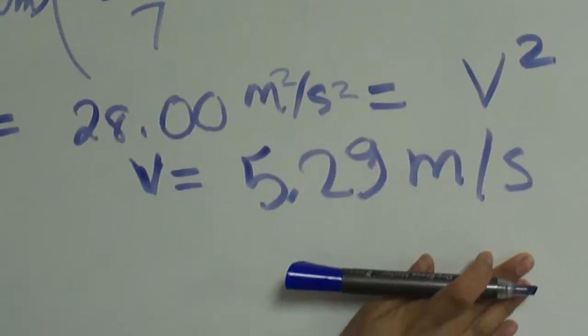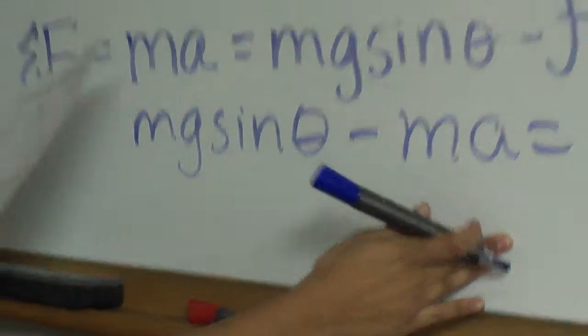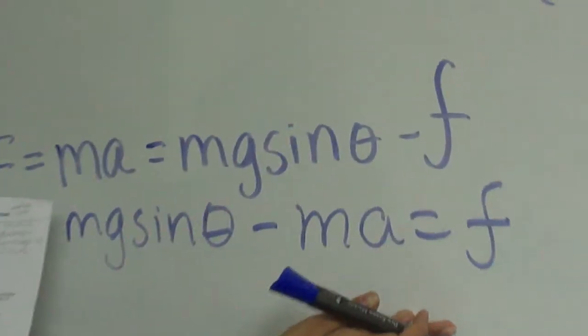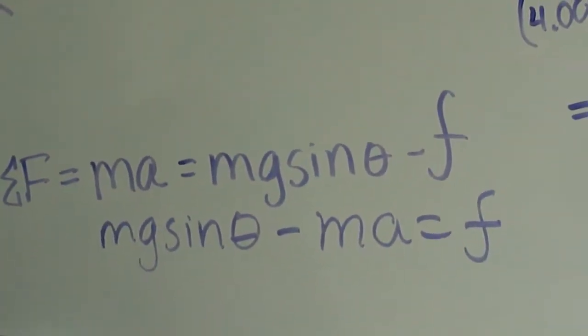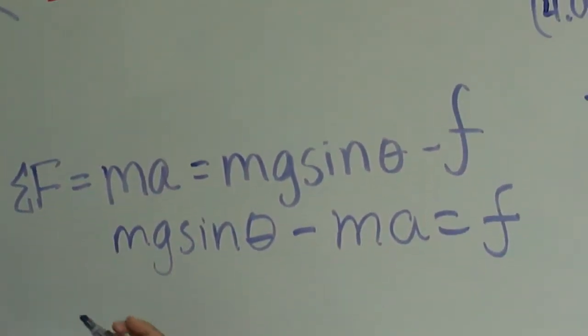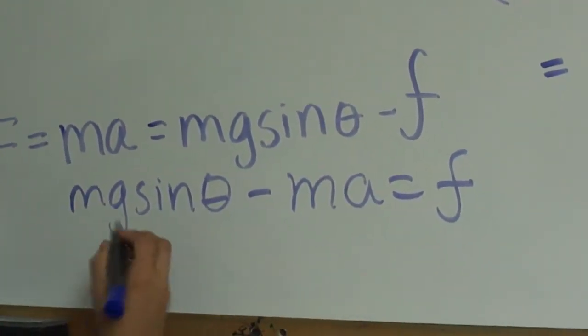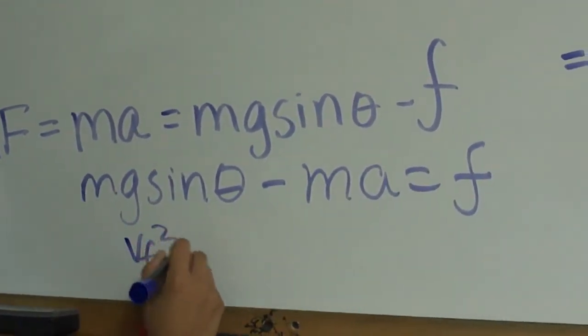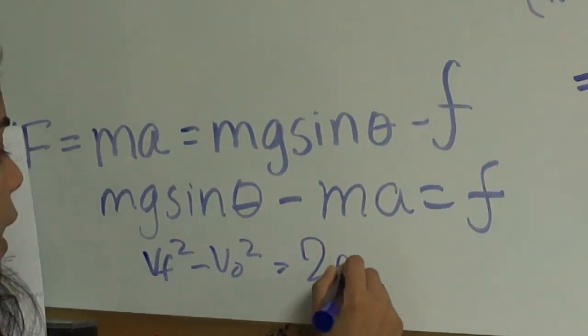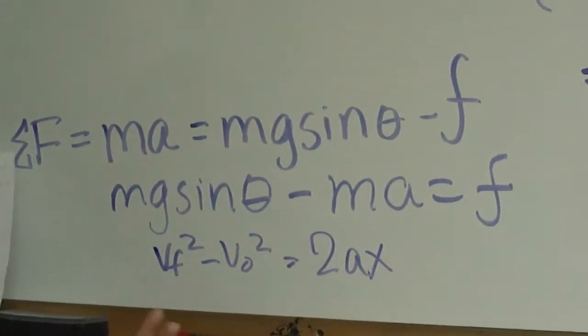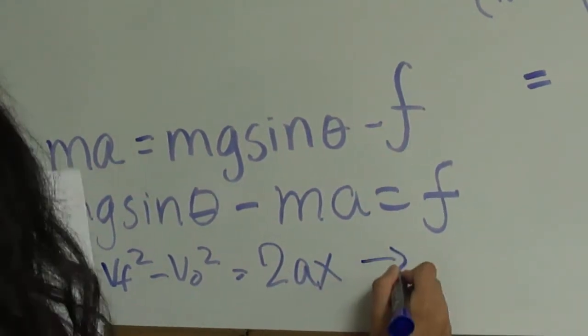We can use this velocity and go back here and use kinematics to find acceleration. The formula we should be using is just a simple kinematic equation: v final squared minus v initial squared equals 2ax. Just plug in the numbers.